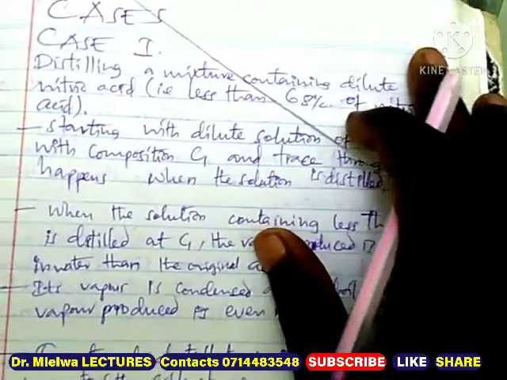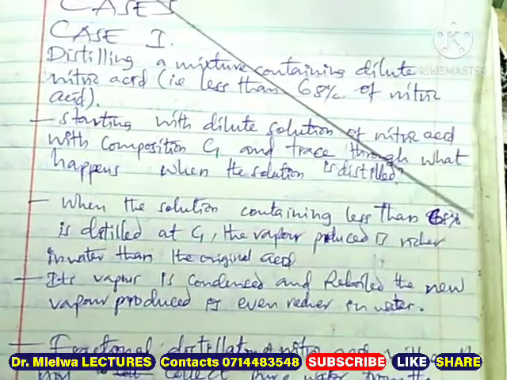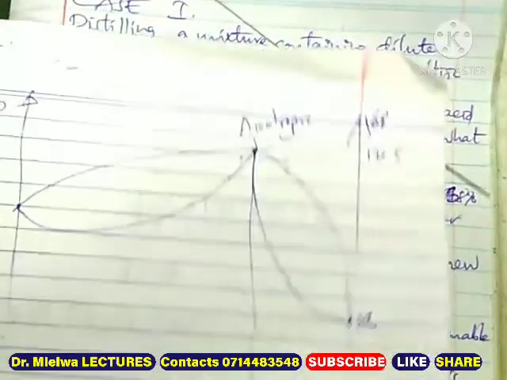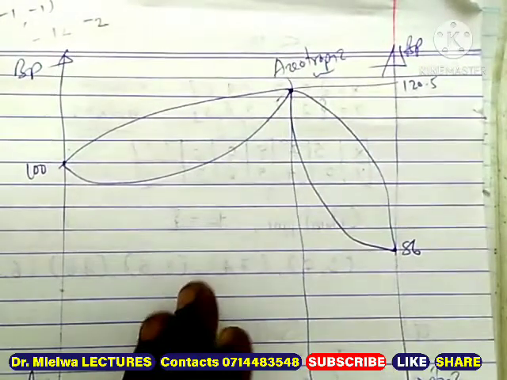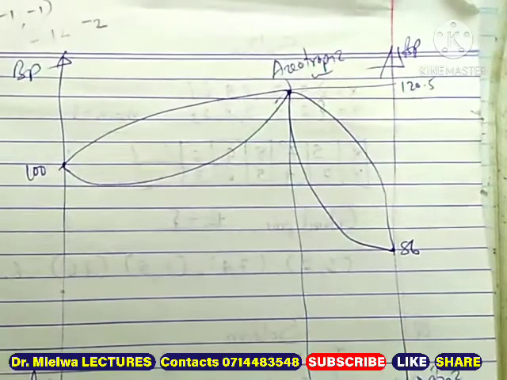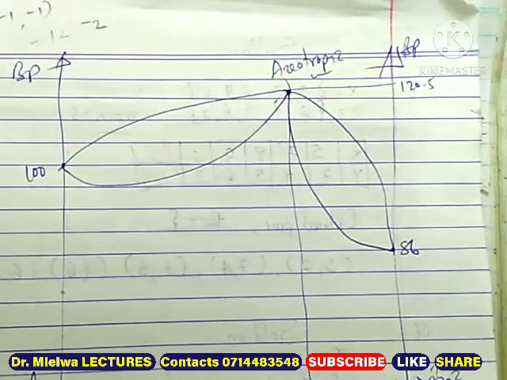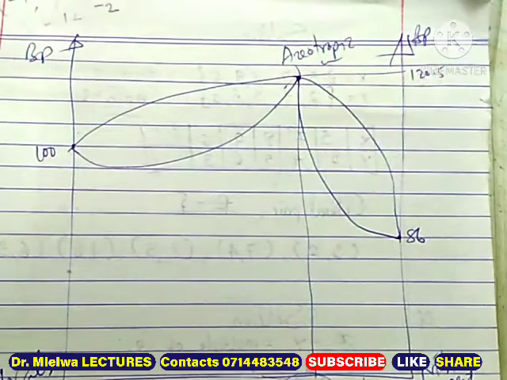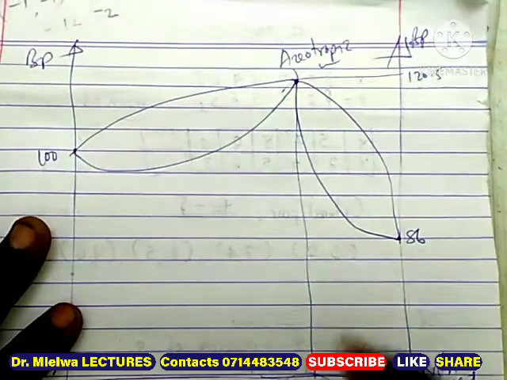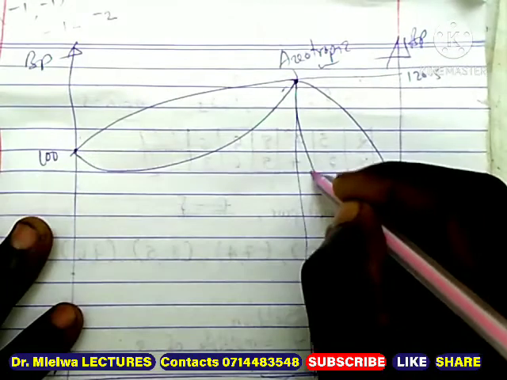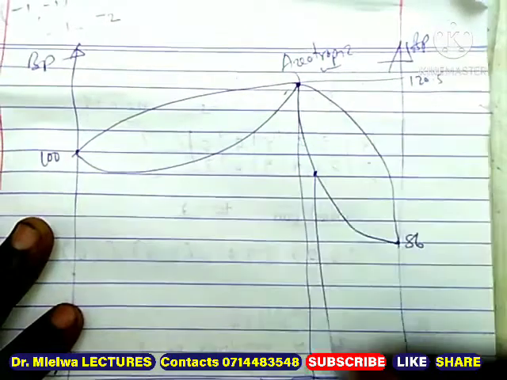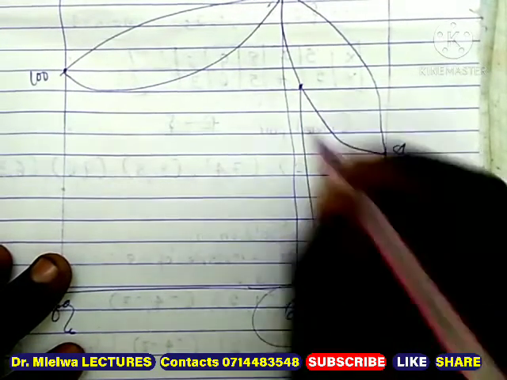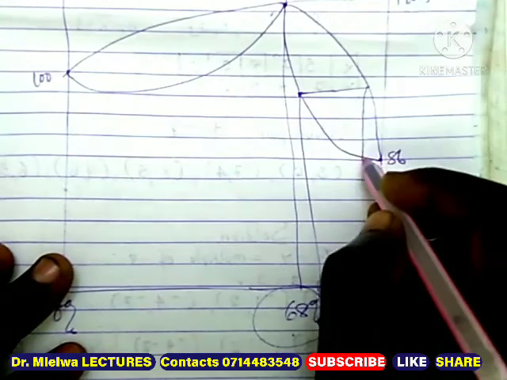Remember, in the positive deviation we discussed if we have excess of any liquid, what will happen. So in this case again we can have excess of either water or excess of nitric acid. Lakini if we are starting with excess of nitric acid, let's say the composition is 70, we'll evaporate and condense.